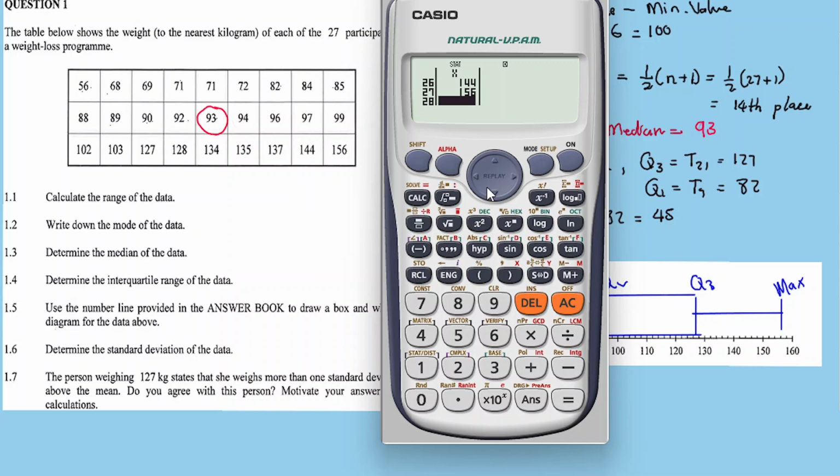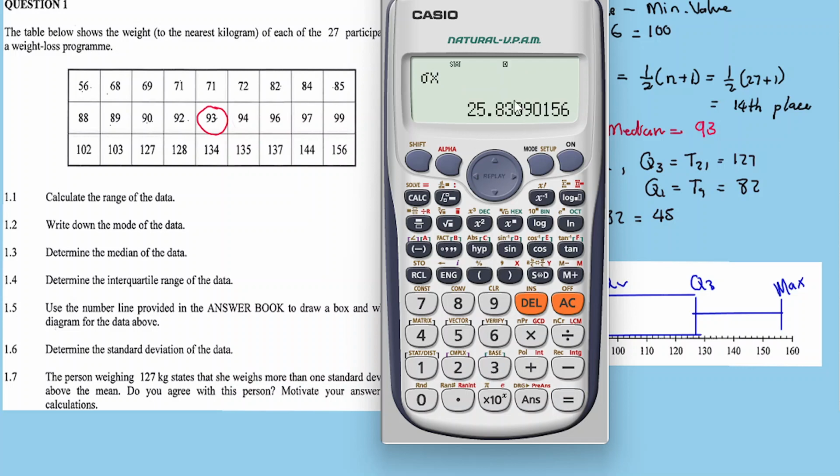So we go to mode, then we click stat, then one variable where you only have the x column, then you insert your information, then AC. Shift, stat, what's this data, no, I need data, shift, then 4, oh yes, then 3 is our standard deviation.